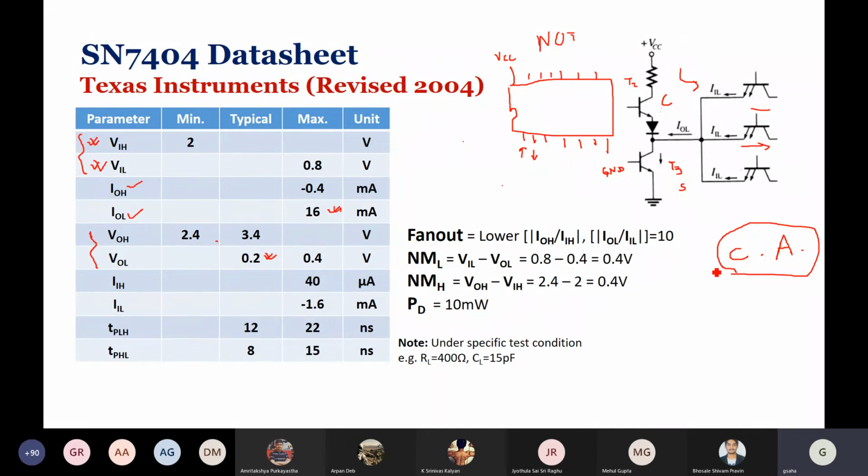Can somebody tell me, if we look at the data sheet? Okay, I'm leaving it for the time being.